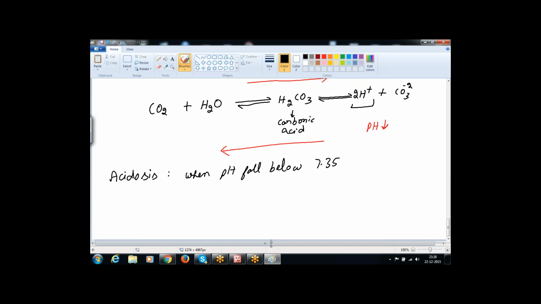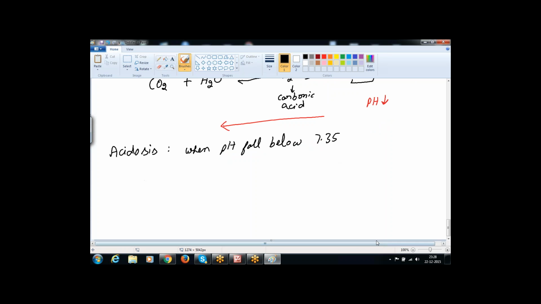What can be the cause? It is of two types. We have respiratory acidosis or metabolic acidosis.